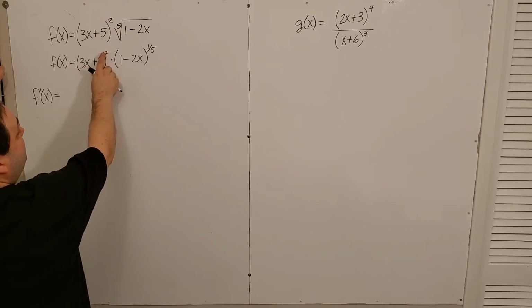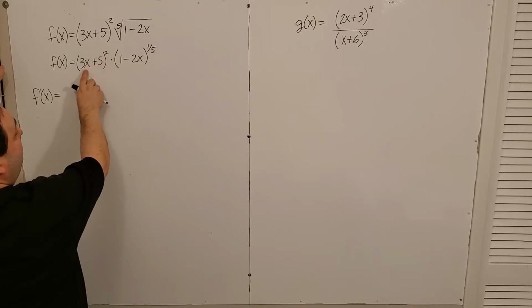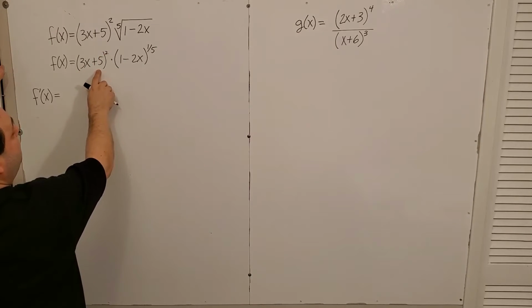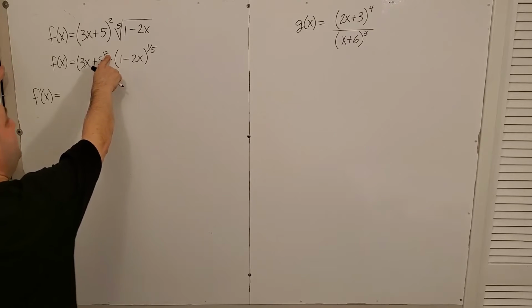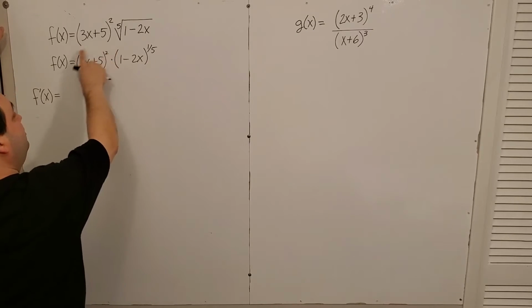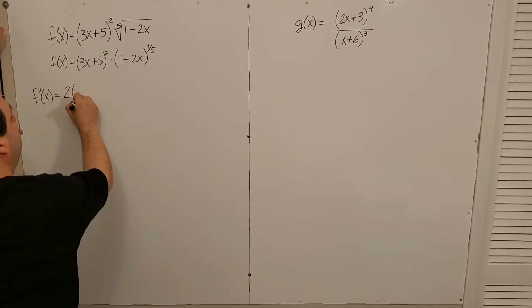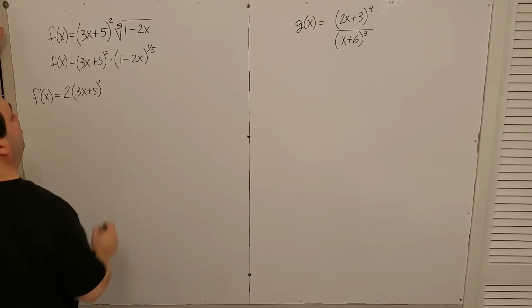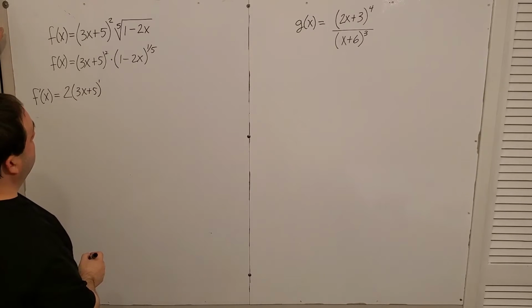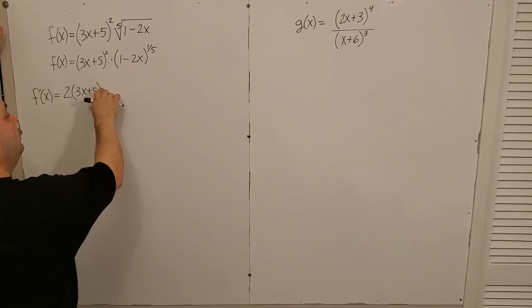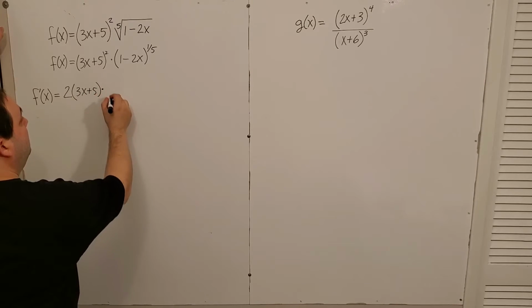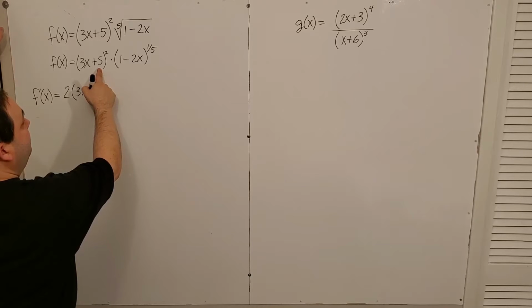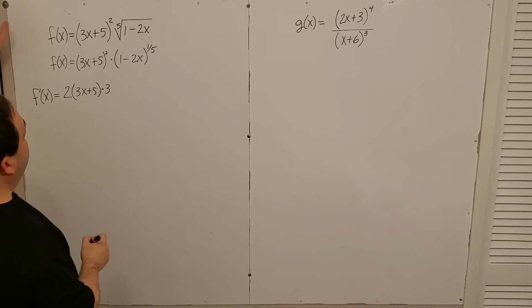The outside function is squared, the inside function is the 3x plus 5. So I'm going to do the derivative of the squared first, which is to drop the 2. Leave the inside alone. It will be to the 1 power then. So I won't even bother writing the 1 power. Times the inside derivative, which is 3.